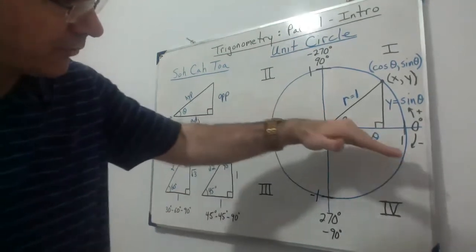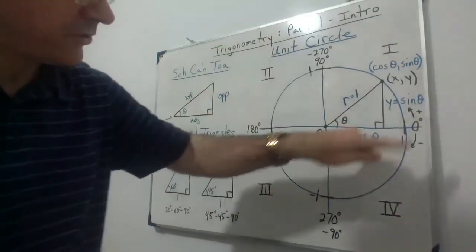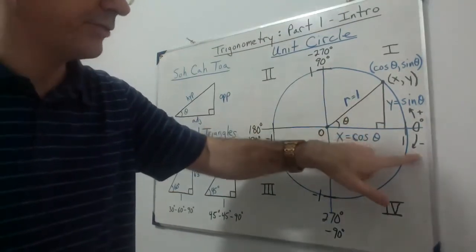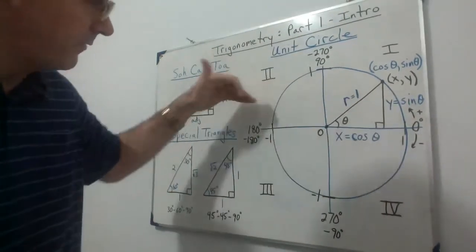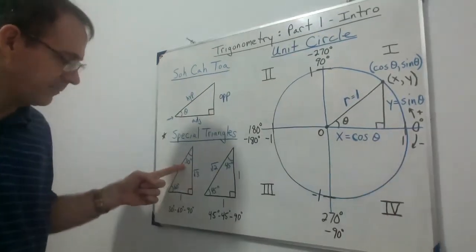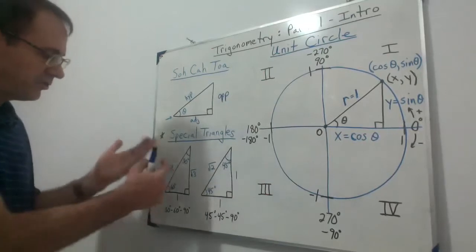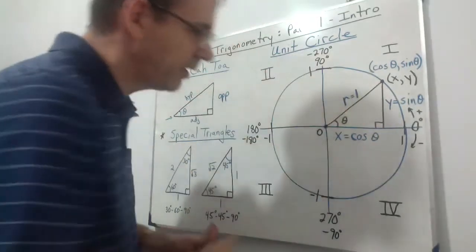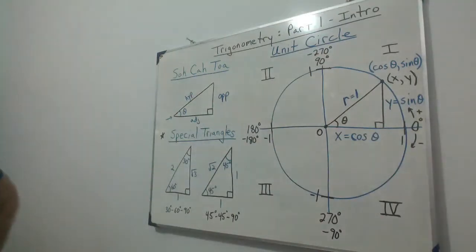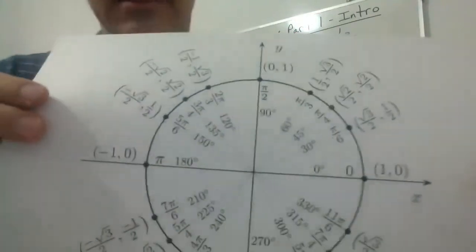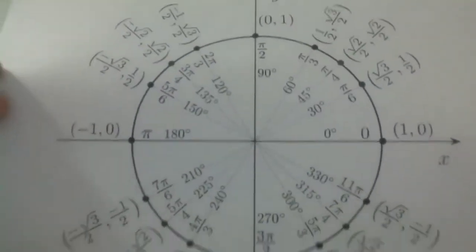If you do 30 over here, remember a complete circle's 360, so if you do 30 down from that, you're at 330. So 30, 150, 210, and 330 all use the same special triangle. You can do that with 30, 45, and 60 in all the quadrants. And if you put it all together, you would get something like this.